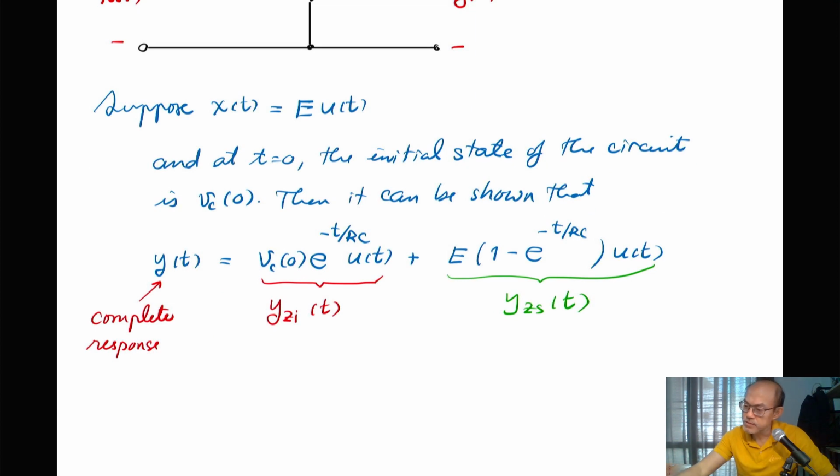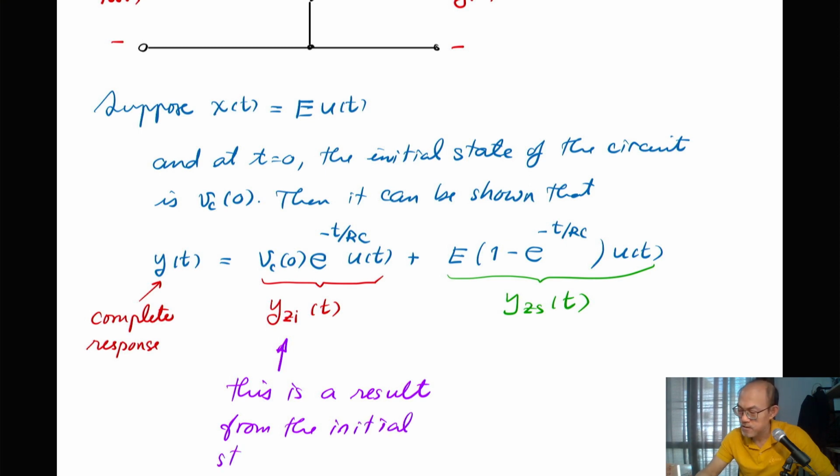So this term is a result from the initial state only. And this is from the input only.